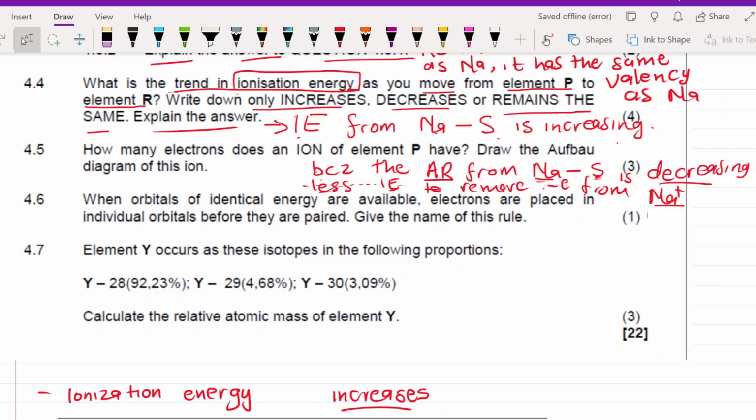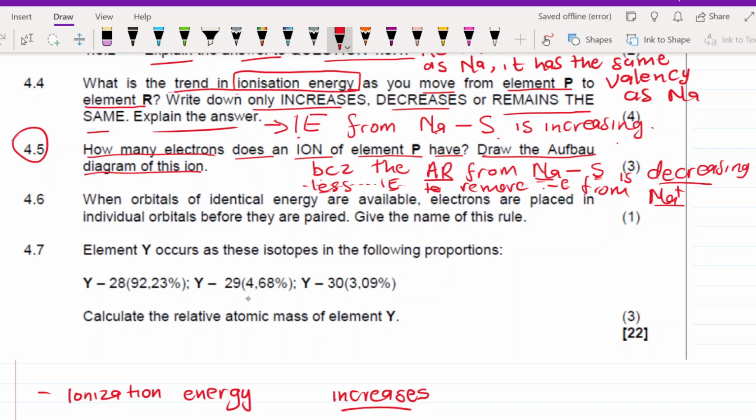So let us now move to 4.5. 4.5 says, how many electrons does an ion of element P have? Draw an Aufbau diagram of this ion.